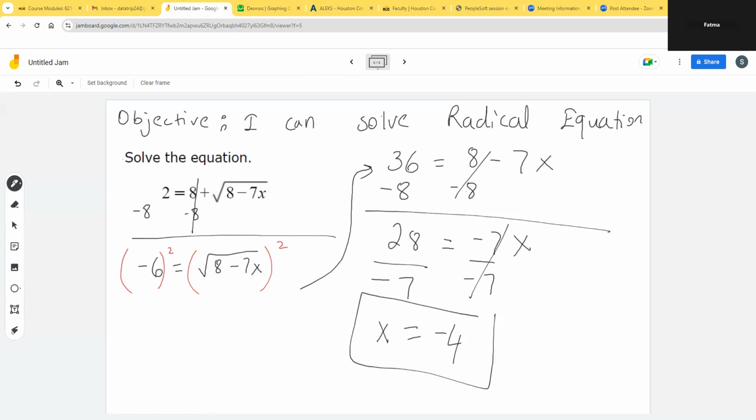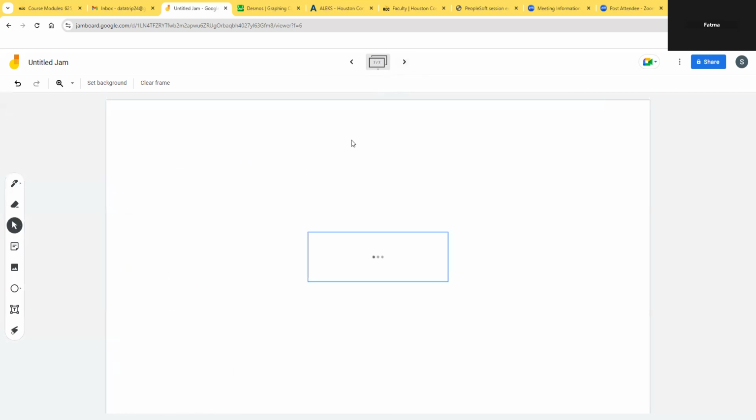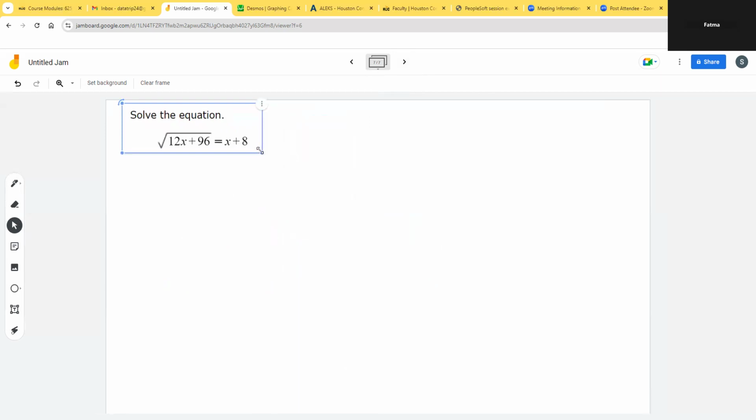All right, this is another one. Okay, solve square root of 12x plus 96 is equal to x plus 8.